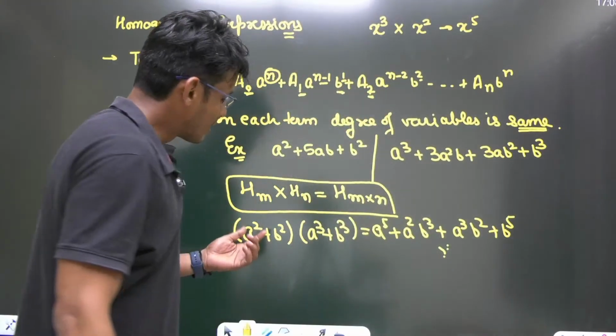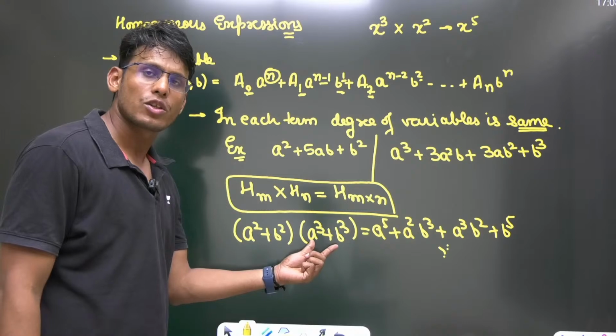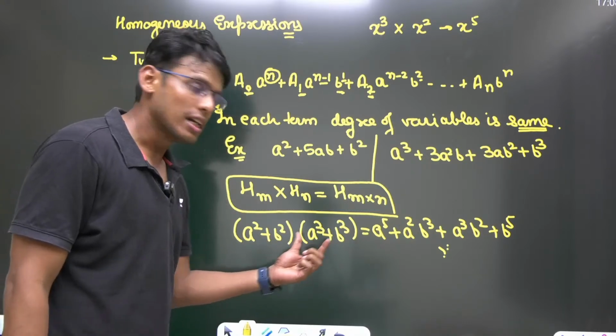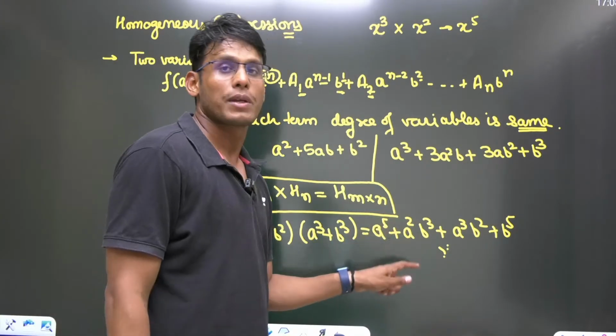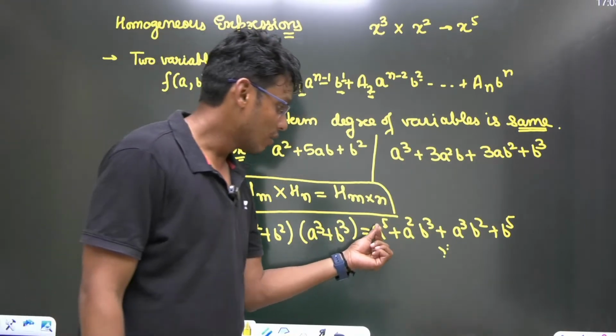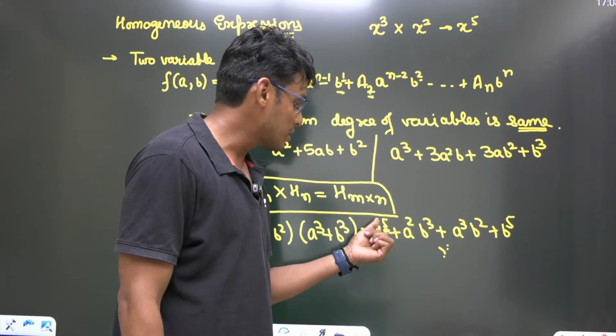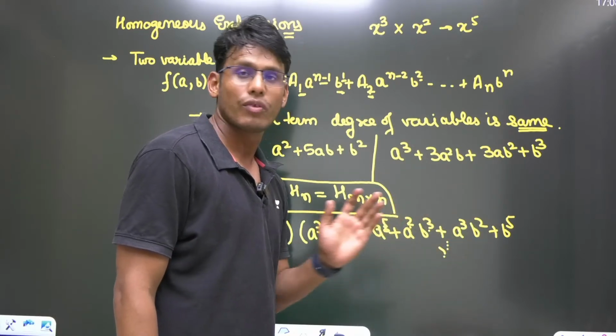Can you see that this is a homogeneous expression of degree 2? This is a homogeneous expression of degree 3. When you have multiplied it, you get a homogeneous expression of degree 5. 2 plus 3 is 5. You can see here, the sum of the exponents of the variables is 5. 2 plus 3 is 5, 3 plus 2 is 5.